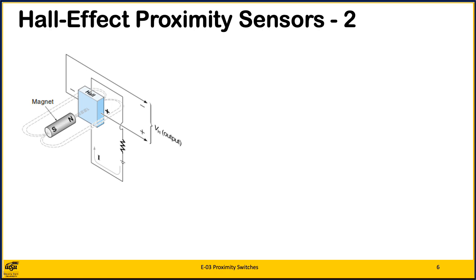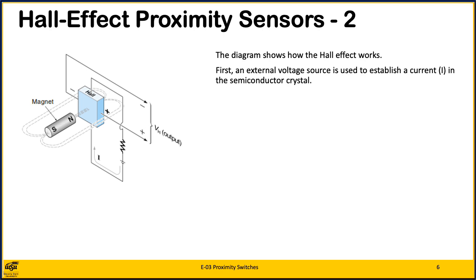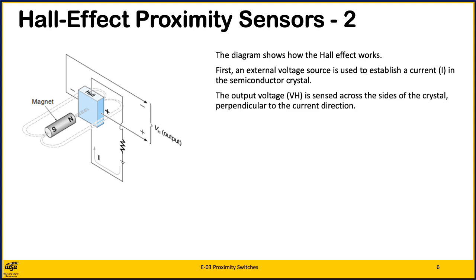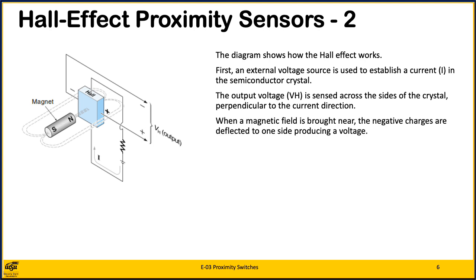The diagram shows how the Hall effect works. First, an external voltage source is used to establish current I in the semiconductor crystal. The output voltage VH is sensed across the side of the crystal perpendicular to the current direction.